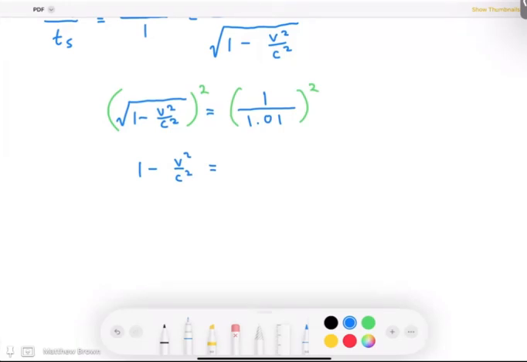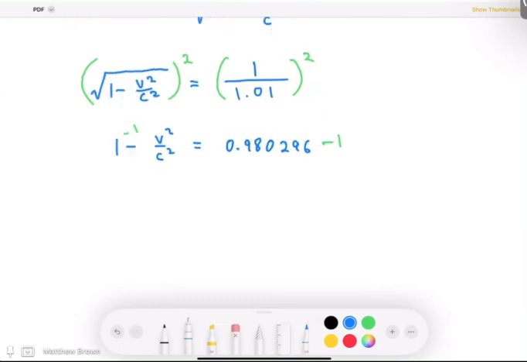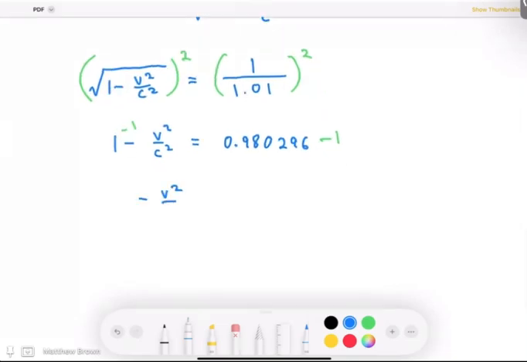Jumping ahead and doing that, I get 0.980296. And then let's subtract 1 from both sides. And that leaves me with negative v squared over c squared equals negative 0.0197.